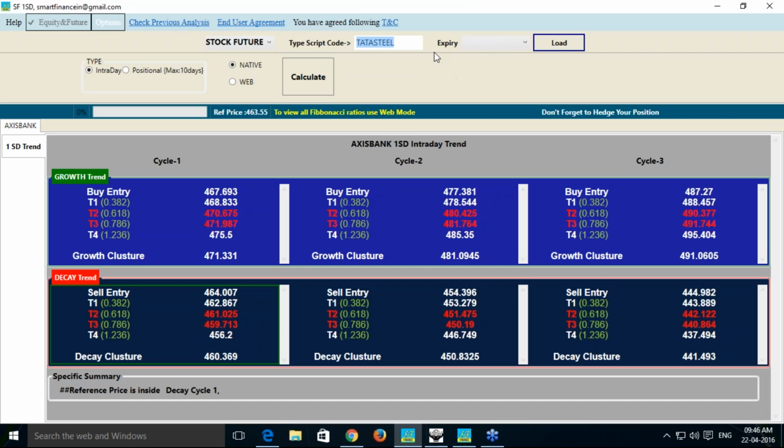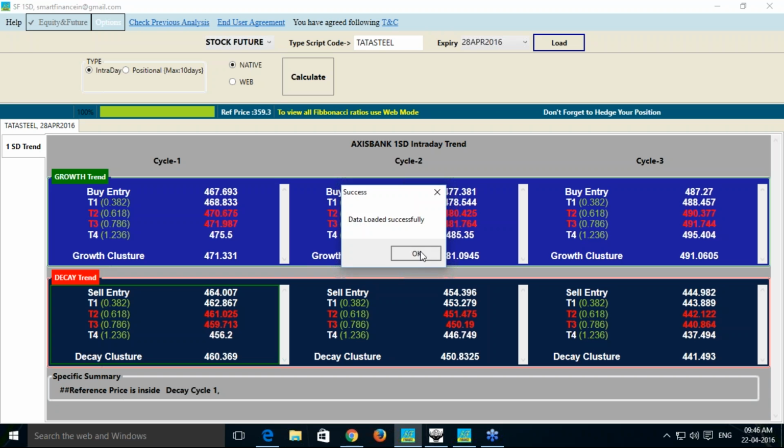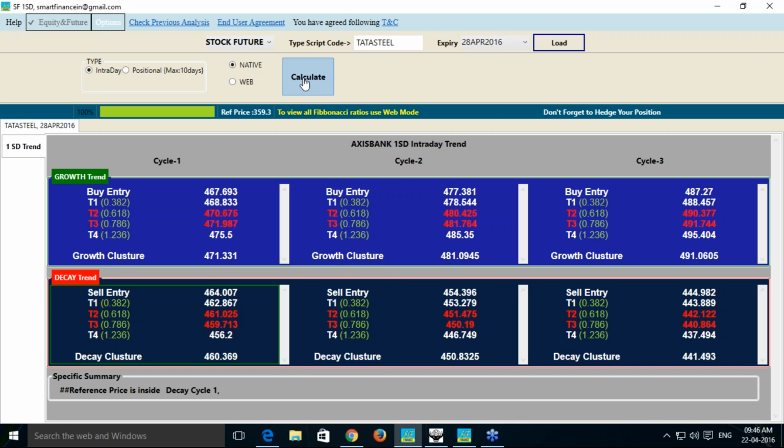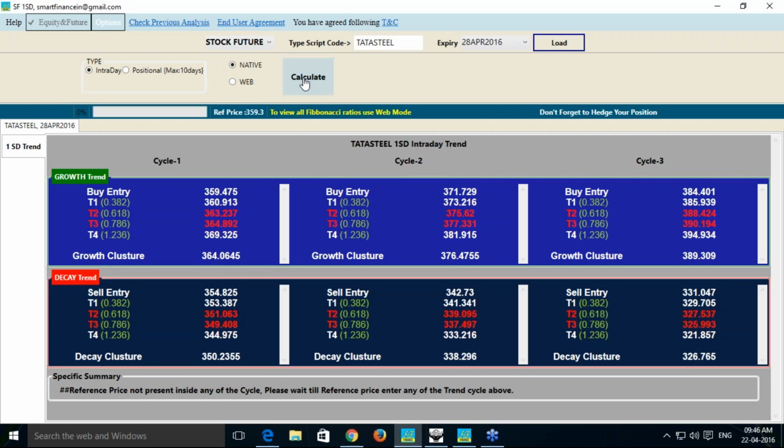I am taking Tata Steel here, and I am just calculating it. This is what Tata Steel says: above 359.47 I should buy, and 355 will be my stop loss.